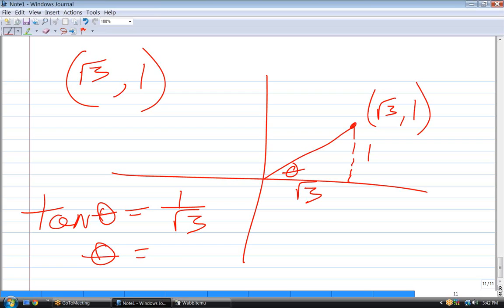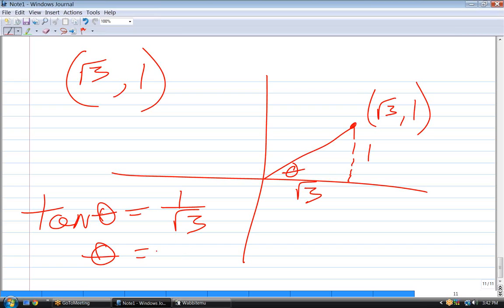Which of our special triangles does that fit? That fits a 30, 60, 90? Yes. Which angle is opposite the 1? That would be the 30 degree.